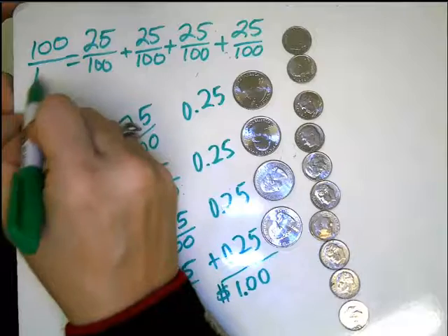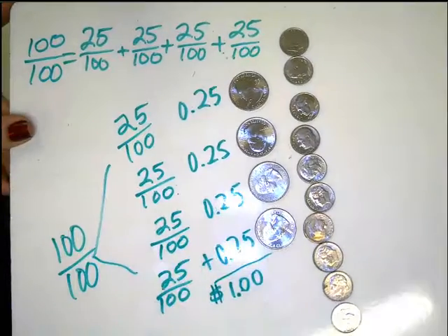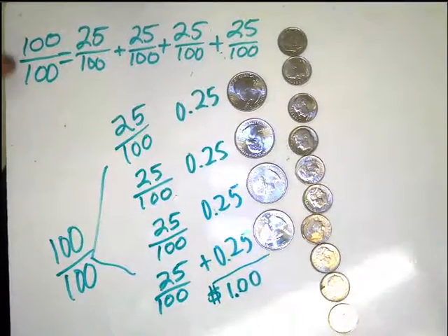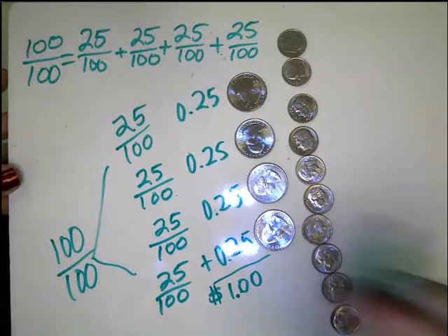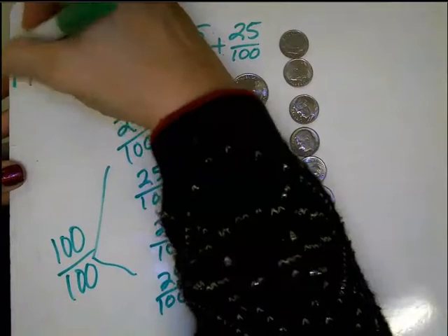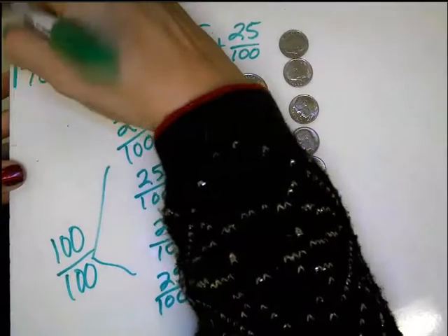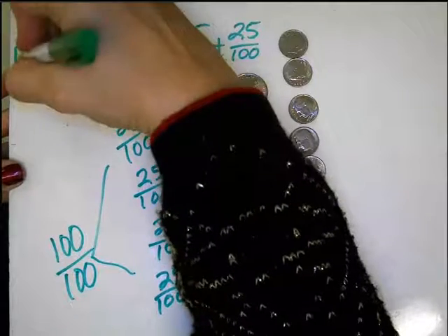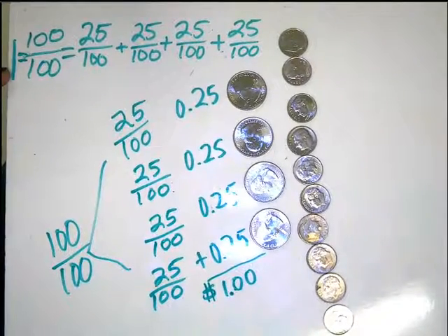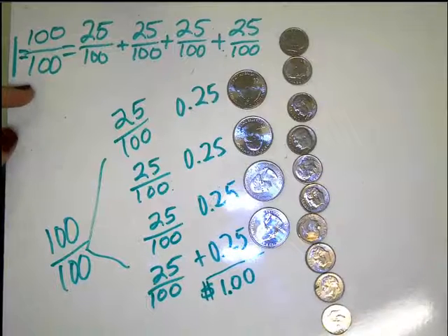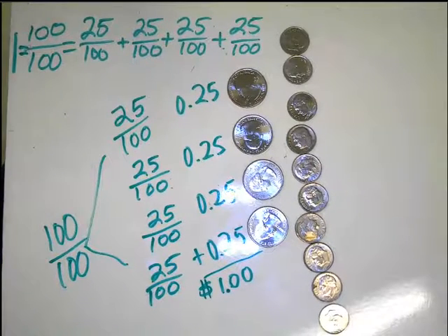So I have 100 out of 100, or 100 divided by 100 is 1. 1 whole. Okay? 1 whole is the same as 100 divided by 100.